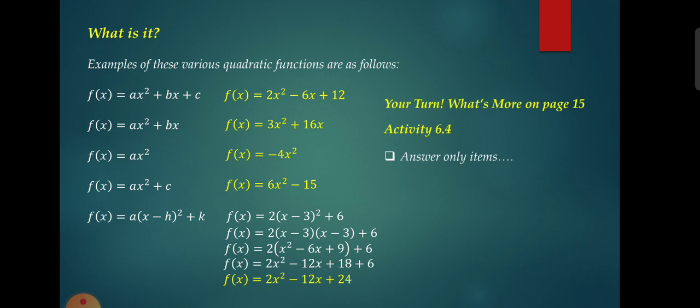So for your activity on page 15, activity 6.4, answer only items 1, 3, 5, 7, and 9. So that is only five items. To justify that it is a quadratic function by writing yes, you need to write your solution on a scratch paper for this activity.